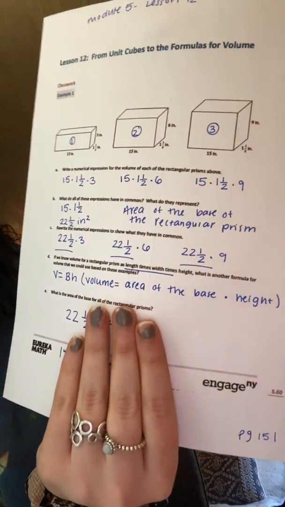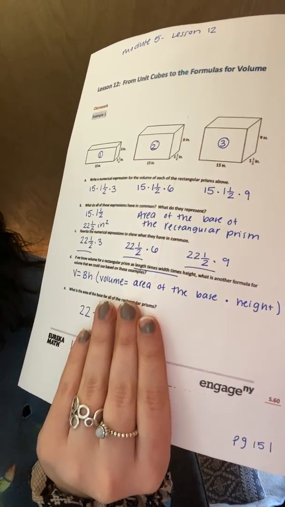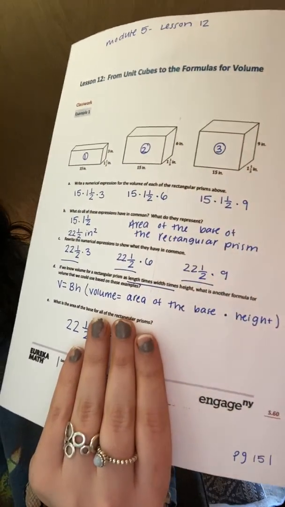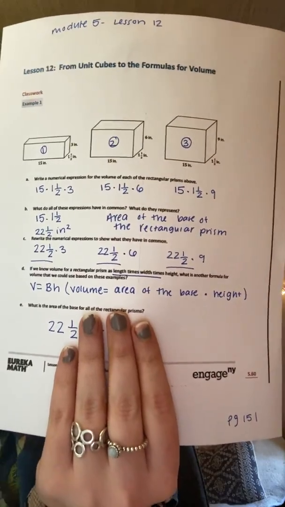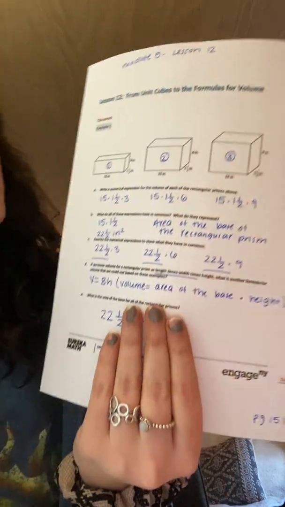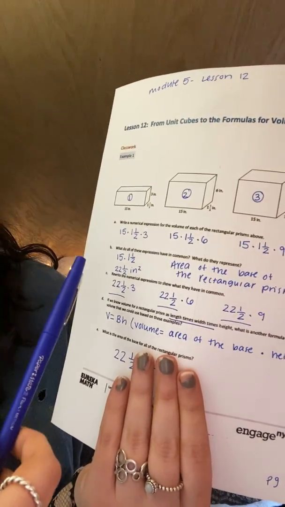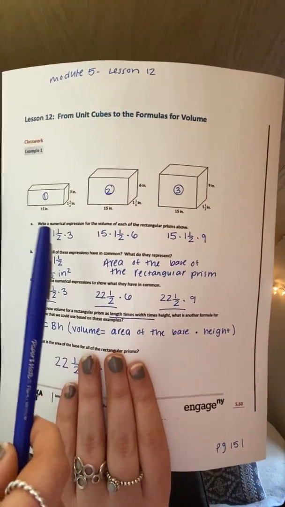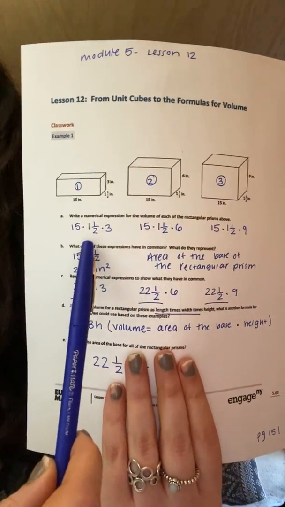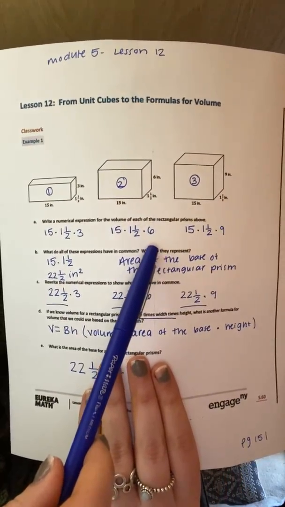Now, if we move on to part B, it says, what do all of these expressions have in common? When we're looking for things they have in common, I want to see what's the same with these 3 shapes and what's the same with these numbers and expressions. When I look at this, I see that all 3 of these expressions have a 15 and a 1 1/2.